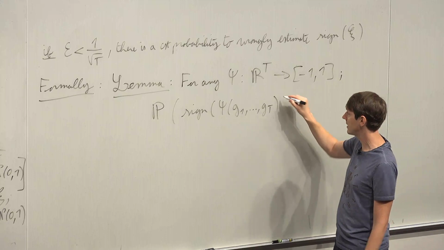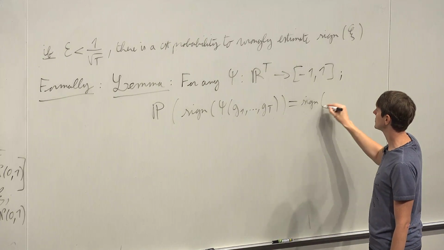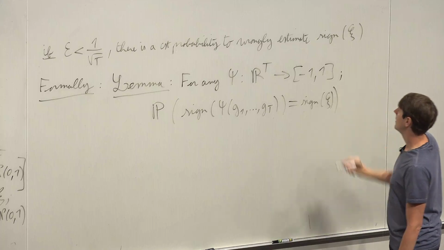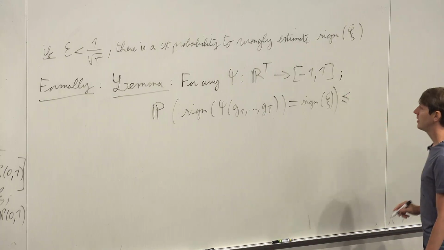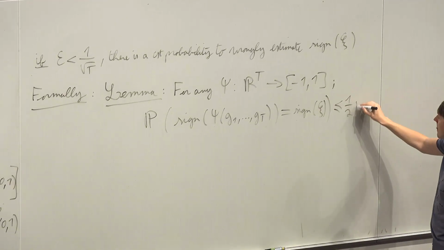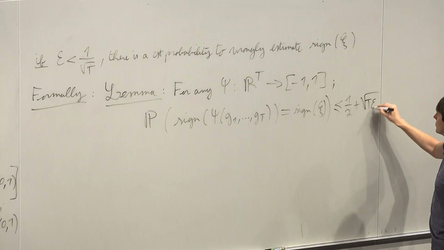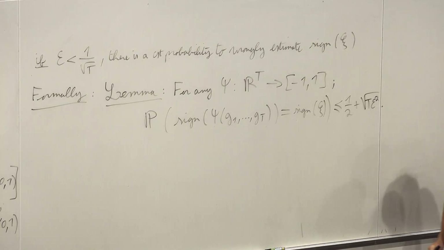I can look at its sign. The probability is that the sign is actually the correct sign, equal to the sign of xi. This is upper bounded by 1/2 plus square root of T epsilon squared. Okay, so this is a true bound. This is now completely formal.